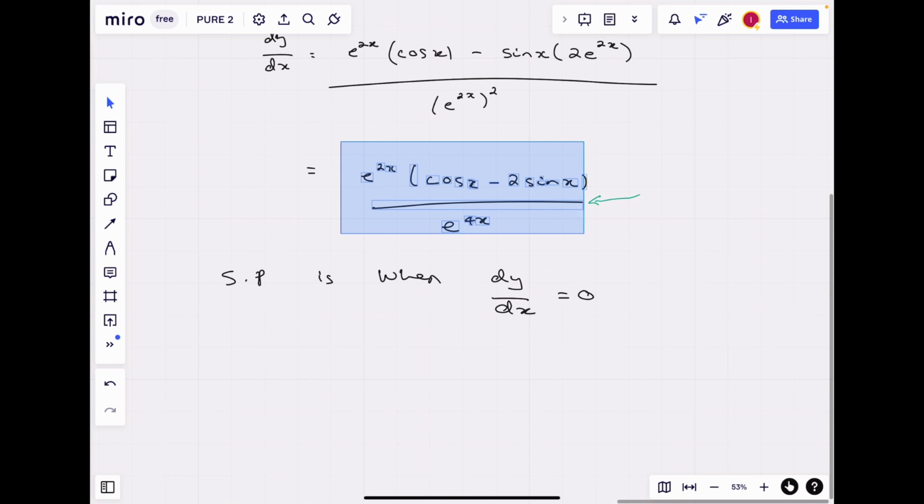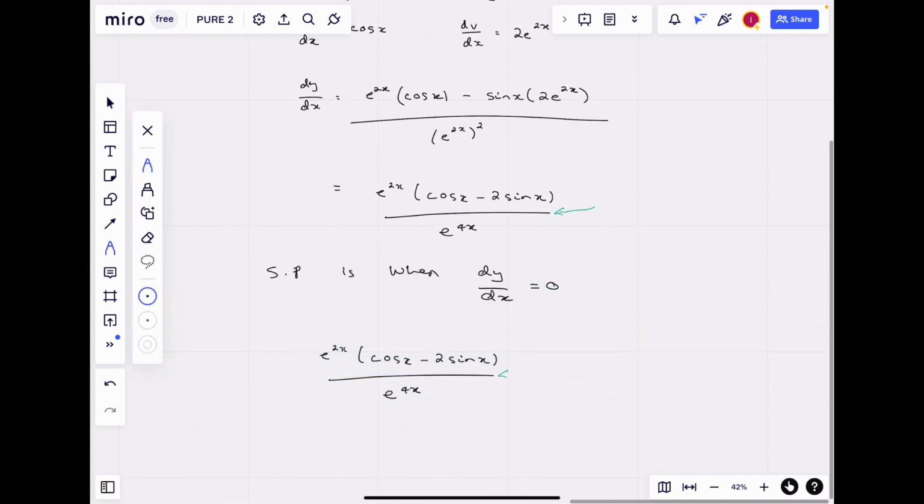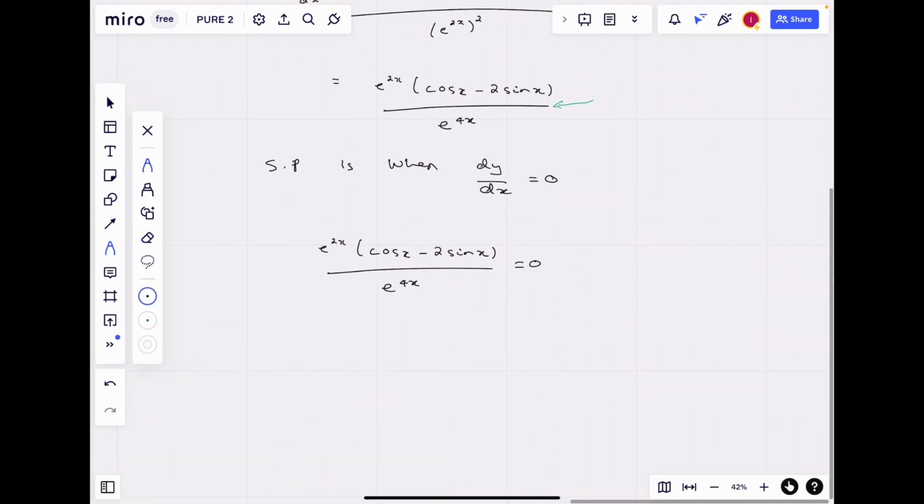To make my life easier, I'm just going to copy it over and equal 0. So now you would have e to the power of 2x, cos x minus 2 sine x, equals 0. So e to the power of 2x equals 0, and cos x minus 2 sine x equals 0.